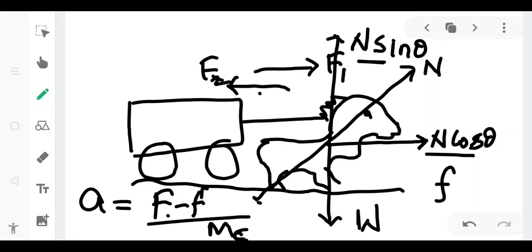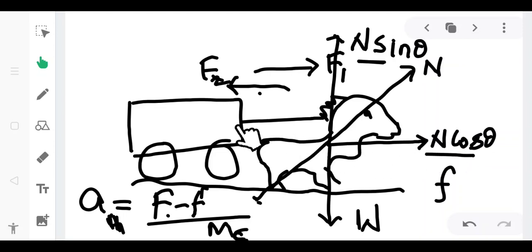Similarly, when the cart is applying a backward force on the horse, this is the acceleration of the horse. See, the cart is applying a backward force F2 on the horse. But there is a force acting on the horse in the forward direction, that is n cos theta.